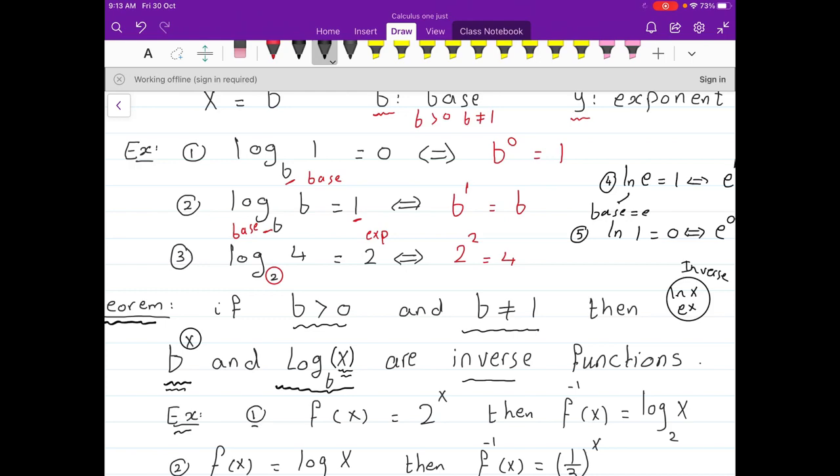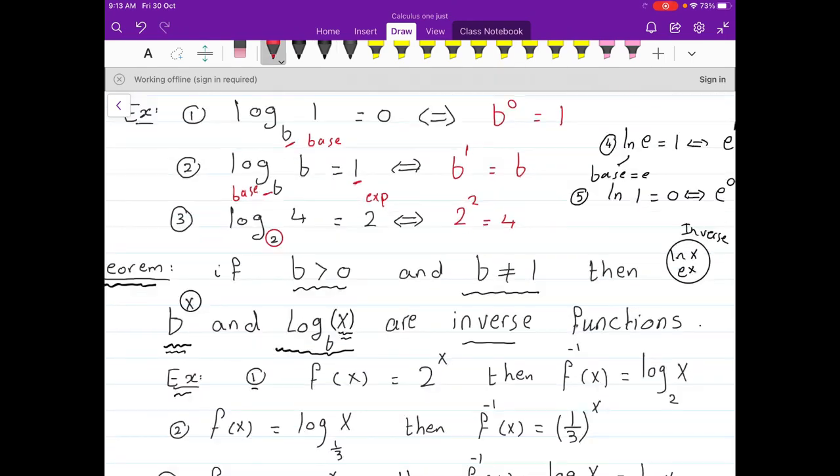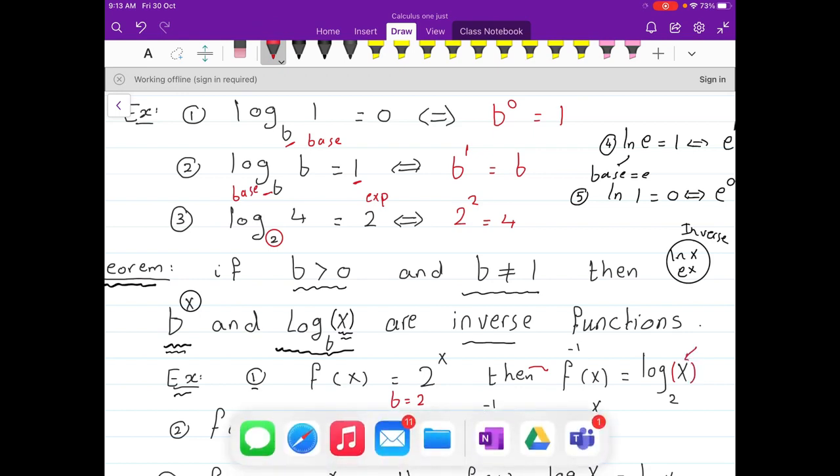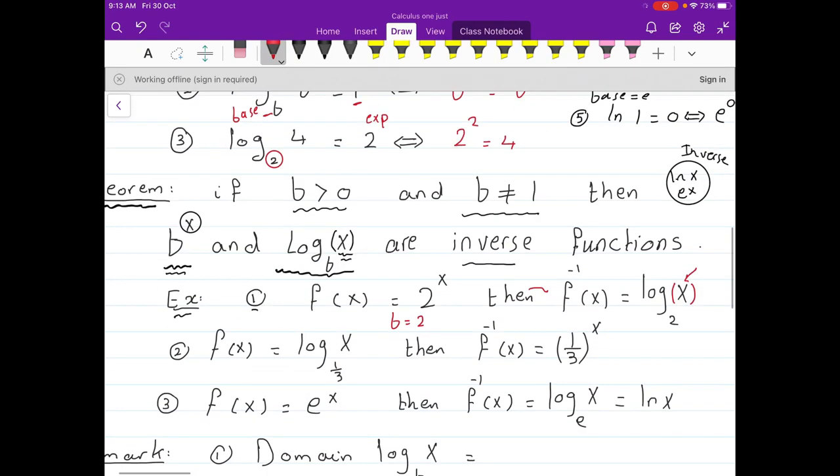So if you have f of x equals 2 to the power x, what is b? b equals 2. So the inverse of this function is log x for the base 2. Inside the log must be positive. If we have log x for the base 1 over 3, obviously b is 1 over 3, so the inverse is b to the power x and so on.